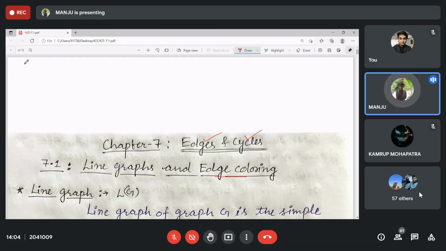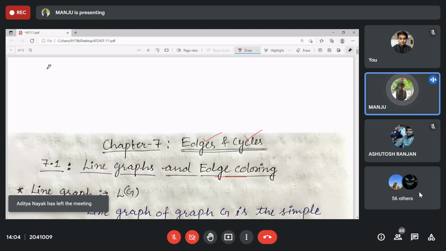And proper coloring is such that adjacent vertices get different colors, right? A K-colorable graph is one where a proper K-coloring exists, right? When we talk about the chromatic number, denoted by chi of G, it is the minimum proper coloring, right?